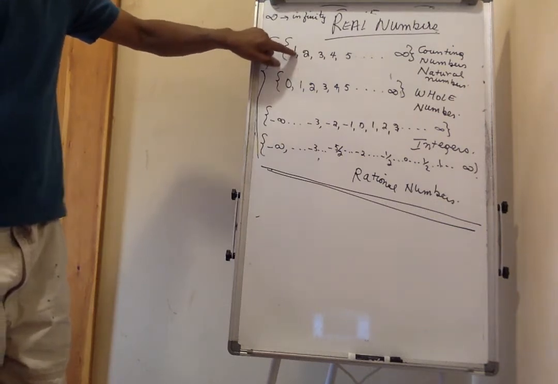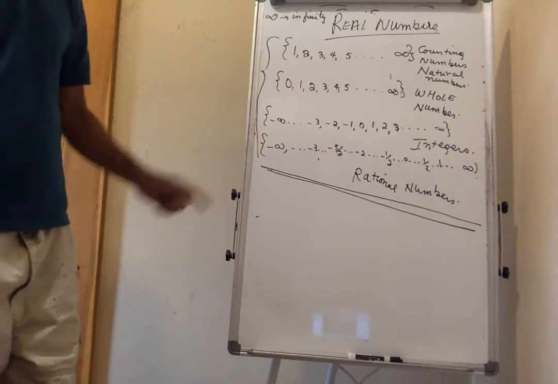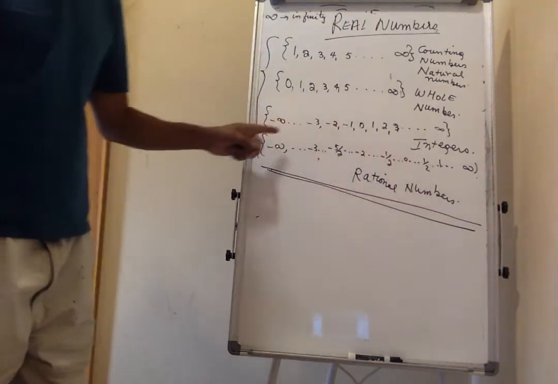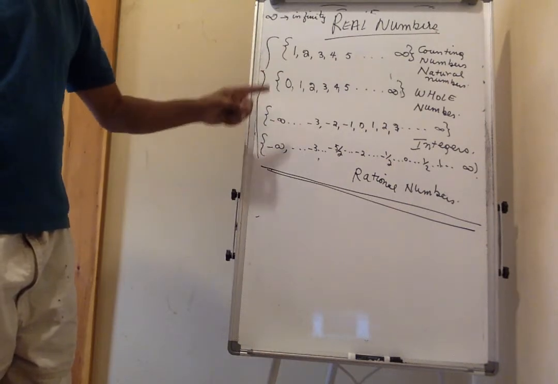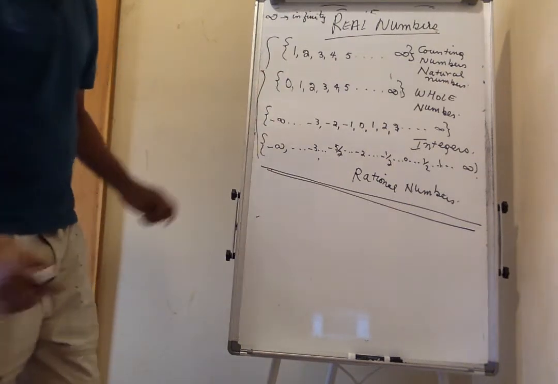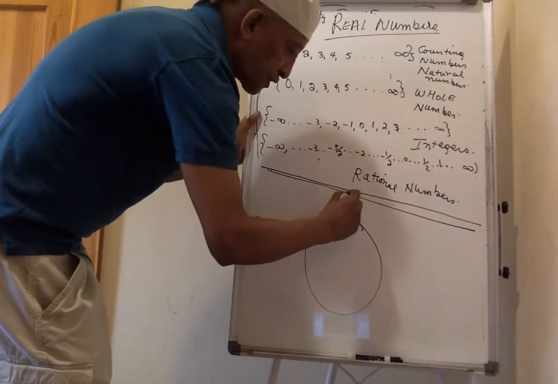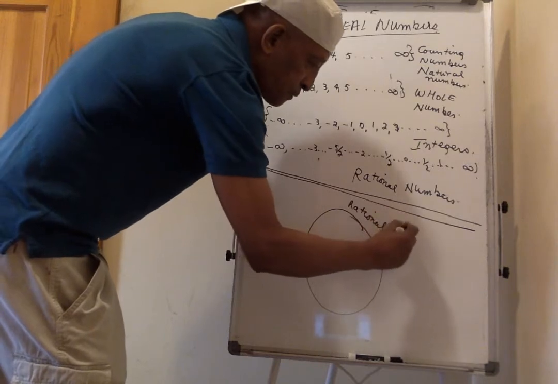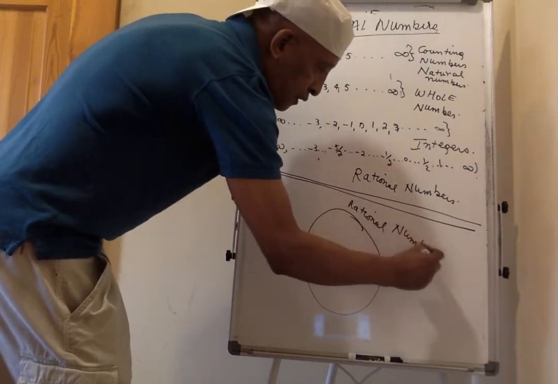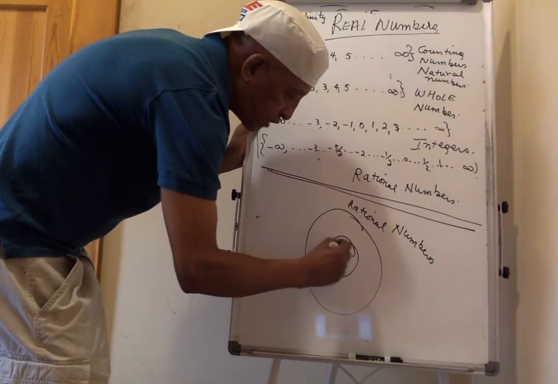The counting numbers, the whole numbers, and the integers. This is the largest universe of all these four. Each of them is embedded in it. So you can draw a circle, like for instance, if this is the set of rational numbers, then the smallest set is the counting numbers.